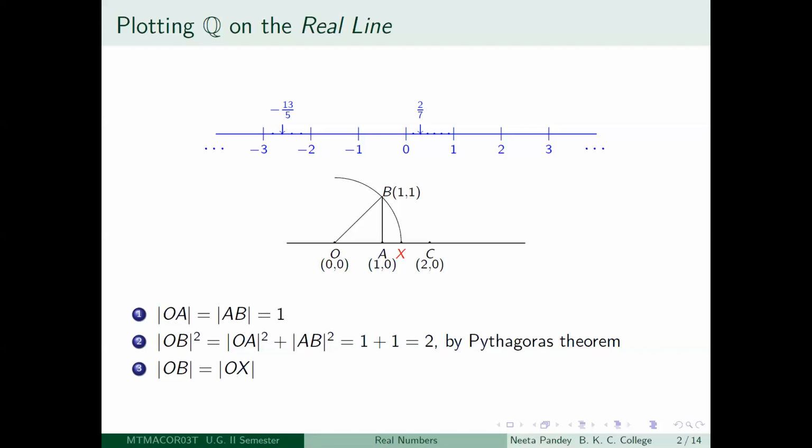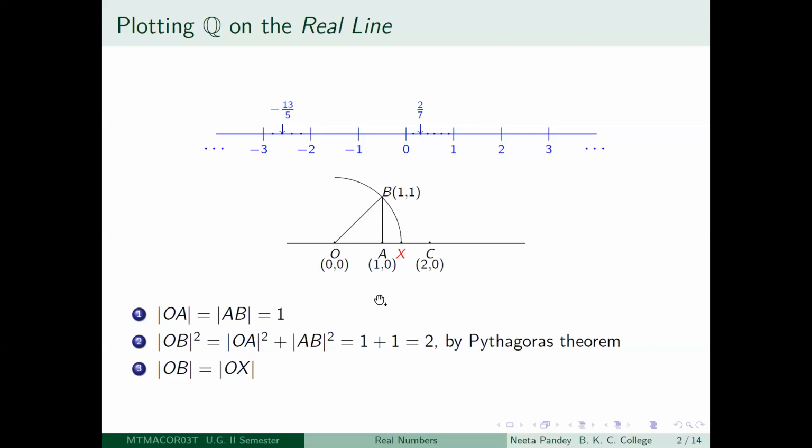What I want to claim is that this point will not correspond to any rational number. So what we do is you just assume that OB length is x. So then what you are saying is that OX will also be little x.